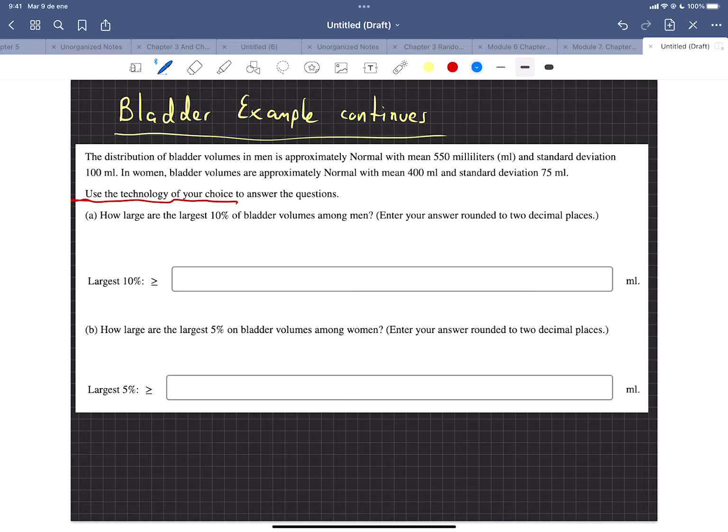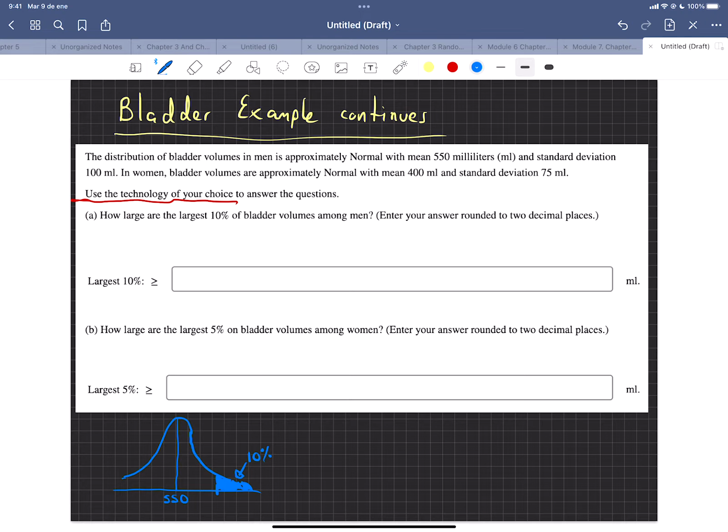So first, I'm going to sketch a normal curve representing the bladder for men. We know the mean here is 550. Notice, if we're looking for the largest 10%, that means we're looking for a number such that the area after the number is 10%.